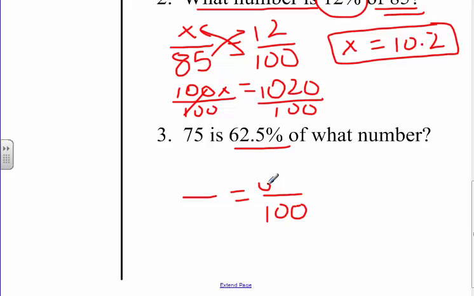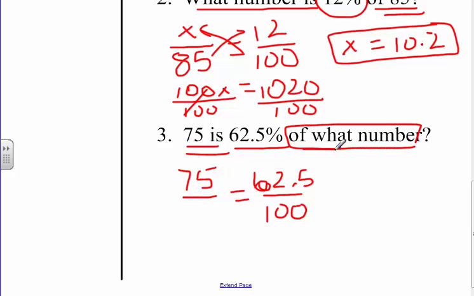So 62.5. And then we have the is number, 75 is, so is goes on top. We don't know of what. Okay, of what. So that's where your x goes.